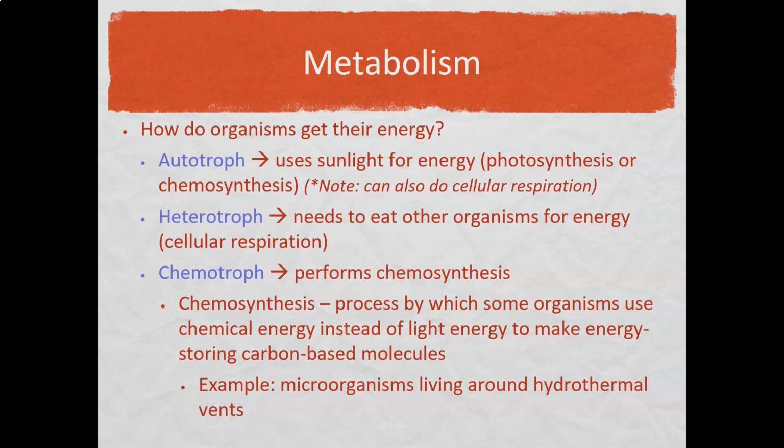So long as they can continue to access sunlight or the chemicals that they need to do chemosynthesis, and so long as they continue to be able to die off, decompose, and recycle their own materials, they're good. If all the autotrophs died off tomorrow, we're in trouble as heterotrophs because we need them to convert that energy into usable forms for us. We can't do it ourselves.